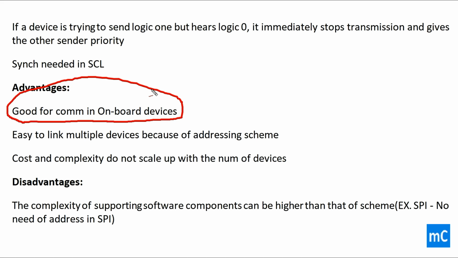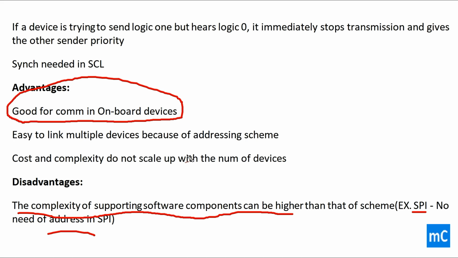And the disadvantage of the I2C communication protocol is that the complexity of supporting software components can be higher than that of schemes like SPI, which does not have an address. This is one of the disadvantages of I2C communication. When we try to implement I2C, we may face many problems.